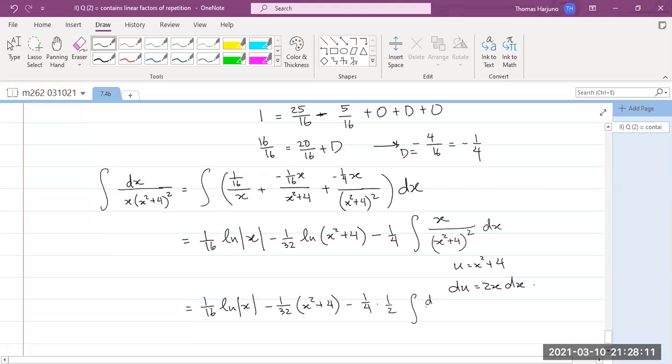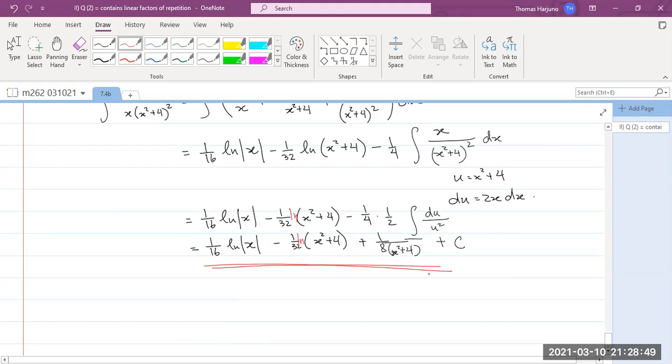So du over u squared. So that will be 1 over 16 natural log of the absolute value of x, minus 1 over 32 natural log of x squared plus 4, and then plus 1 over 8 over u, but my u is x squared plus 4, plus constant. I'm missing something here. I'm missing natural log. Okay. If I made a mistake, it must be some computational mistake.